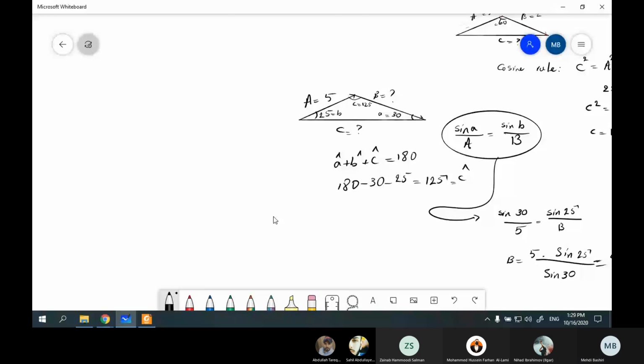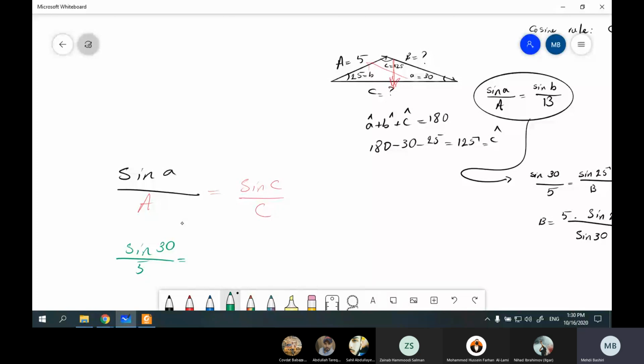To find C, we can use this equation, sine of A divided by its front edge, this one, A, equal to sine of C divided by its front edge, C. So sine of 30 divided by 5 is equal to sine of 125 divided by C.